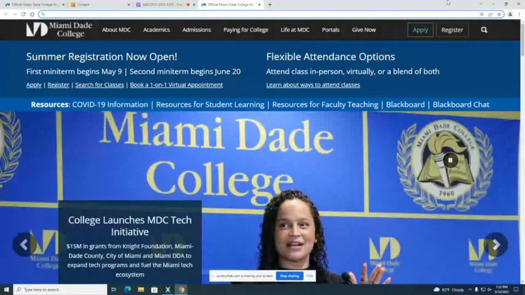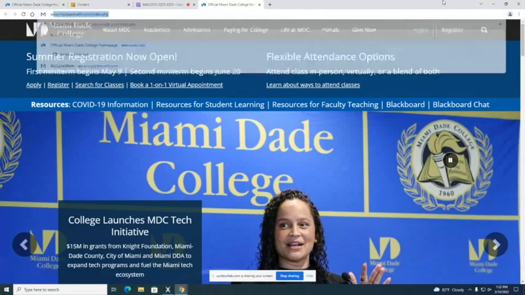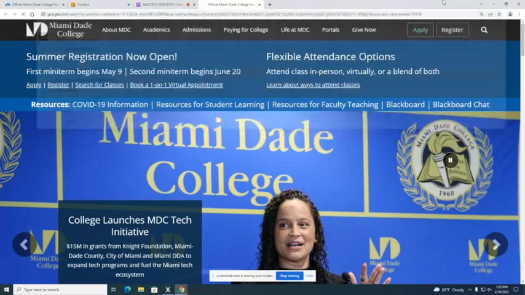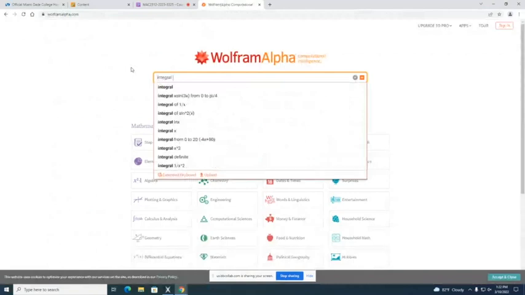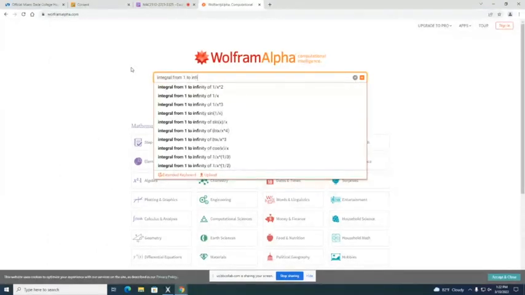I changed the view so that the people on the other side can see it. So it was from 1 to infinity. You go to scientific view, there are integrals. But it's so nice that you can type it in natural language and it recognizes it.